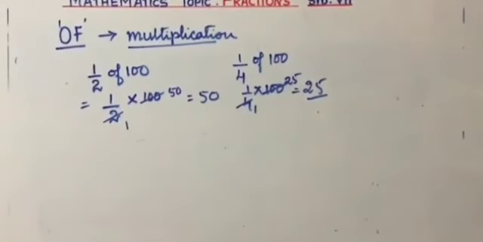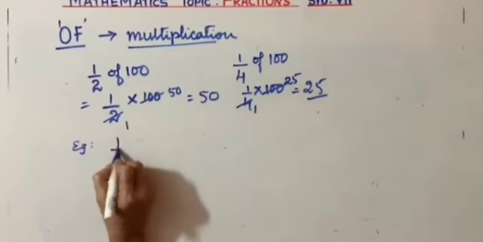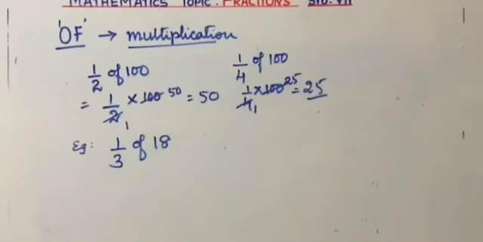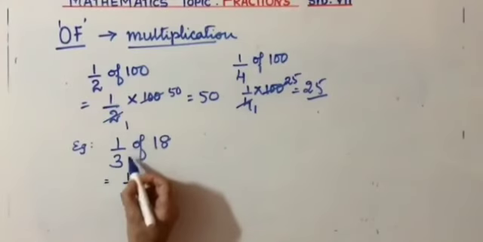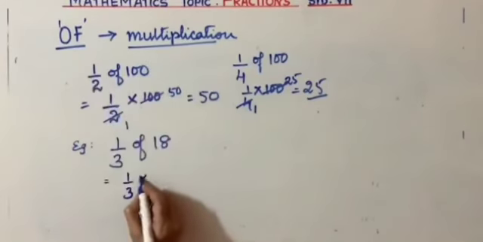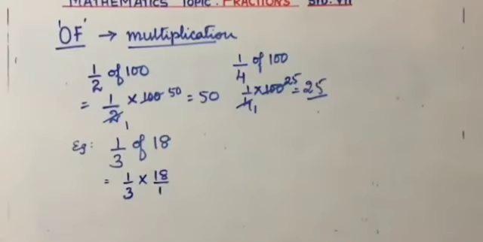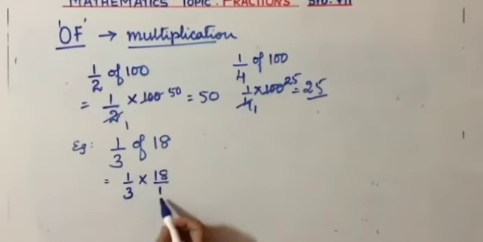Okay, children. Now, 1/3 of 18. Can you tell me what is 1/3 of 18? 1/3. Don't panic saying of, because we know what of means. It's multiplication into 18. If you want, you can write 18 by 1. Now, again, you can either multiply the numerators and denominators.